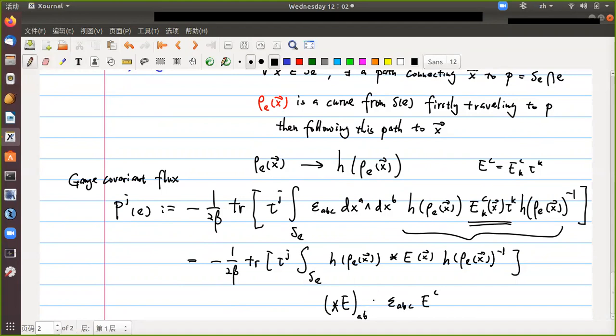I consider ab as the abstract index, and then star E is a two form. I call star E_ab, and this is just epsilon_abc E^c. Right. And this does not depend on any coordinate. So in the end, this integral is independent of the choice of coordinate, and so this gauge covariant flux is also independent of any coordinate choice.